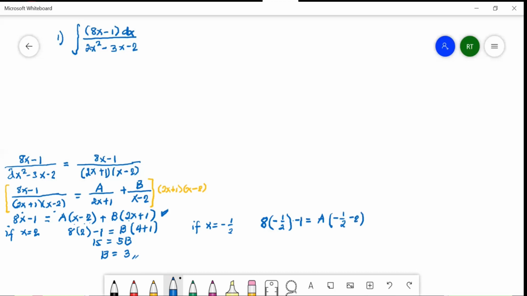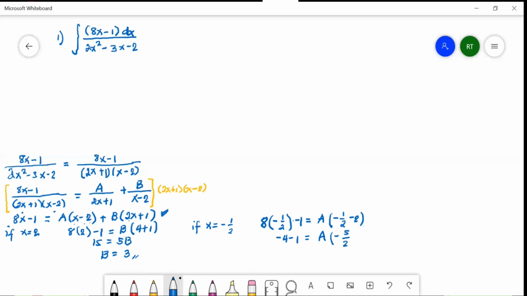Okay, now in the left member, a times negative 1 half will give us negative 4 minus 1 is equal to a times, okay, we have negative 1 half minus 4. Negative 1 half minus 4 will give us negative 5 over 2, right?